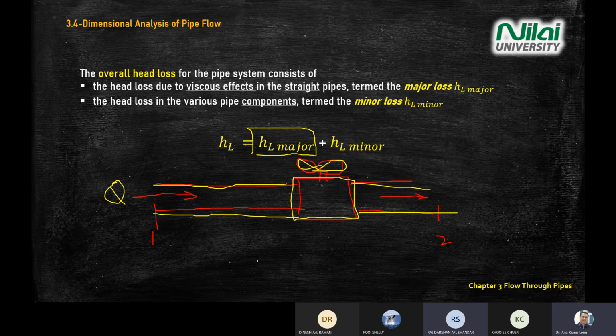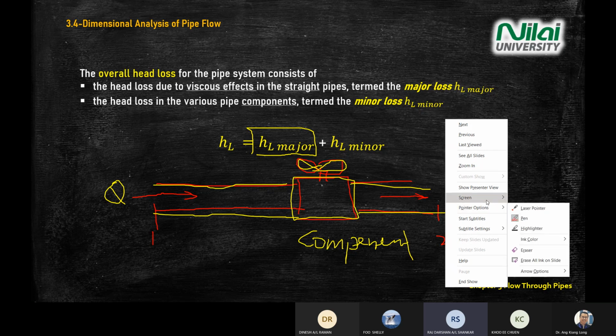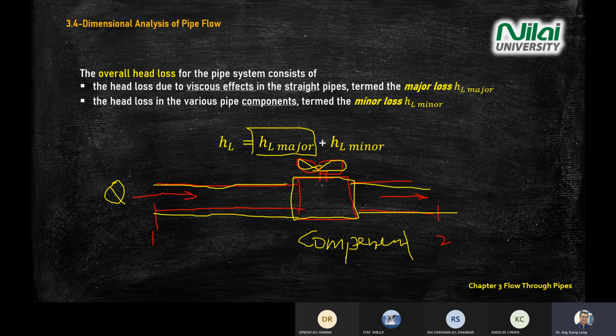No, sir. I just include the pressure in front first, because we no need to consider the valve. So we need to consider only the in and out. Okay, yeah, that's your answer.